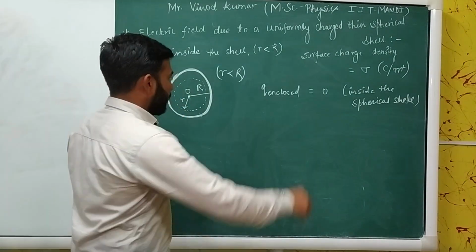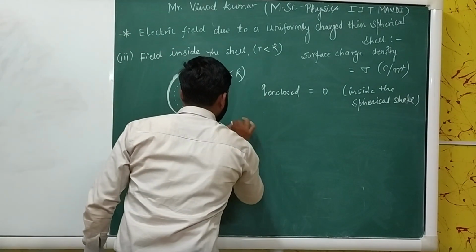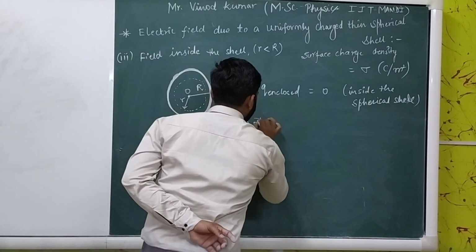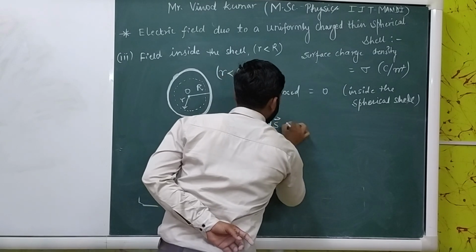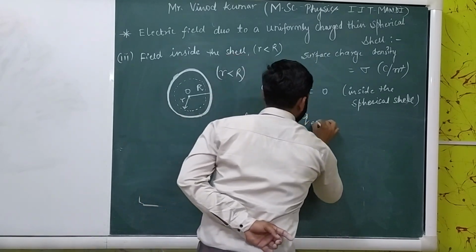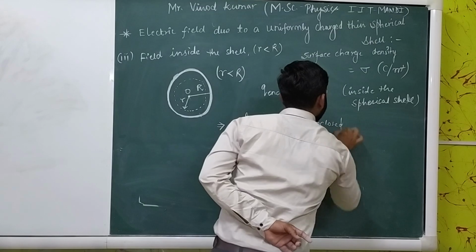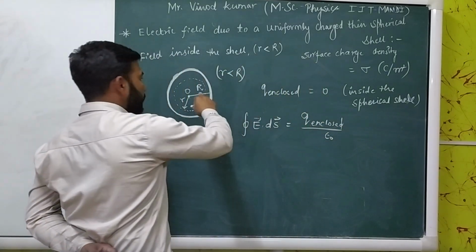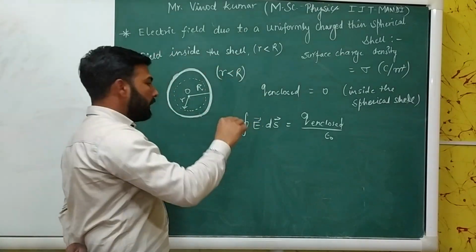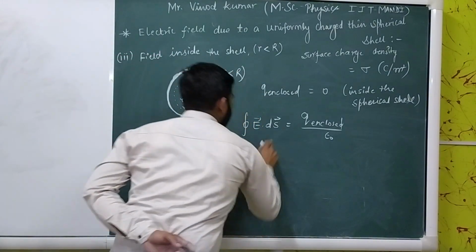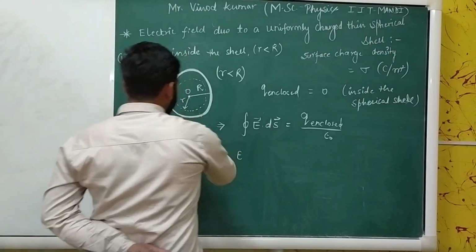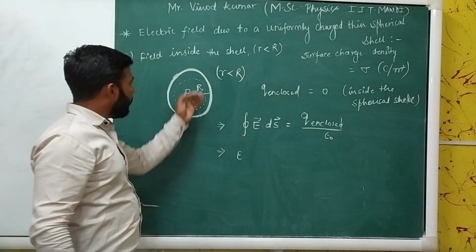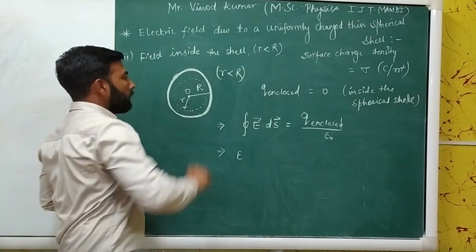So if we write Gauss law, it will be E vector dot dS vector equals q enclosed upon epsilon naught. The electric field is the same at all points, so it can be taken out, and the area this time is that of the inner Gaussian surface.